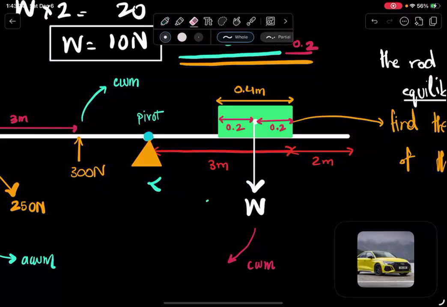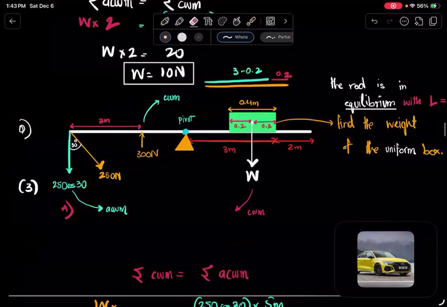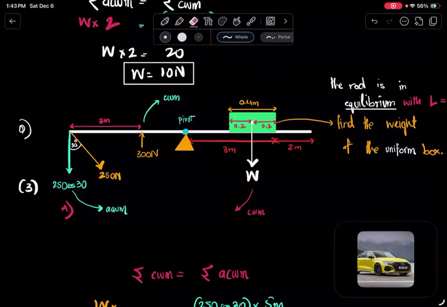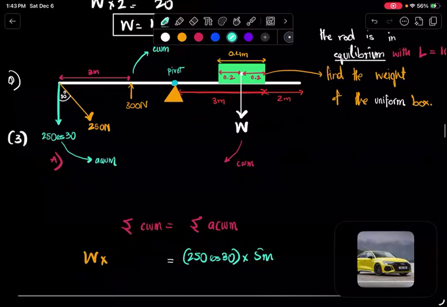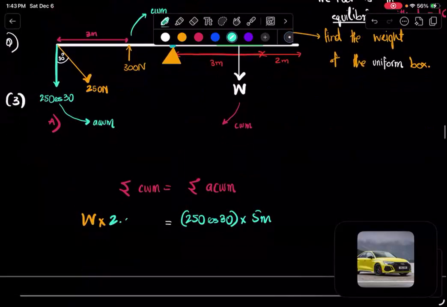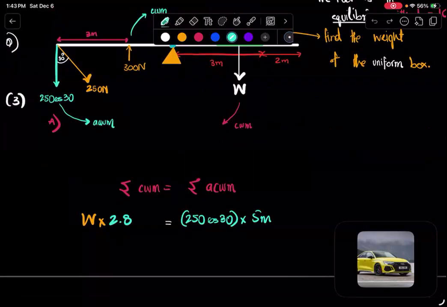That means the distance from the center of gravity of this W is actually 2.8, because the 3 meters is actually till the end. But all of the weight is supposed to be acting at this point, and this point would actually be 2.8 meters from the pivot. Did that make sense? Two point eight.